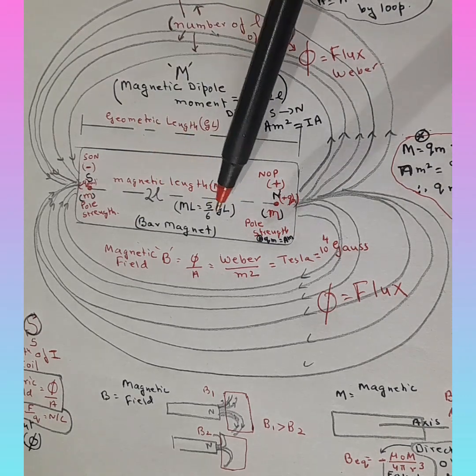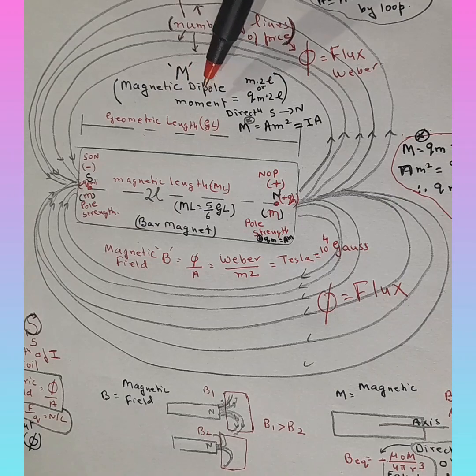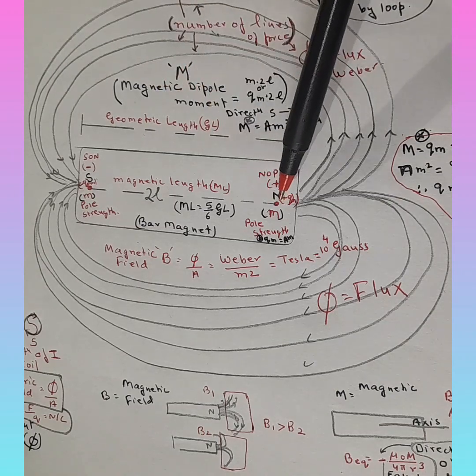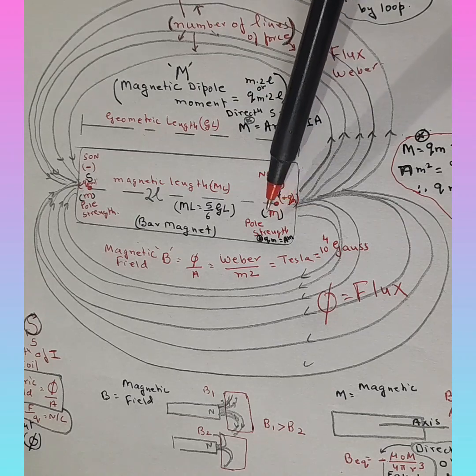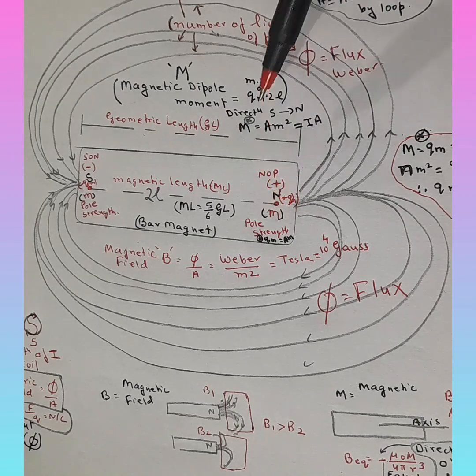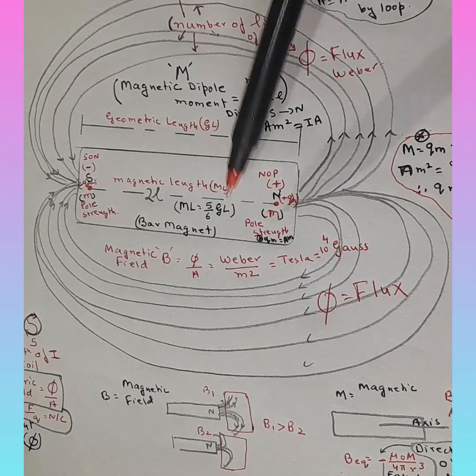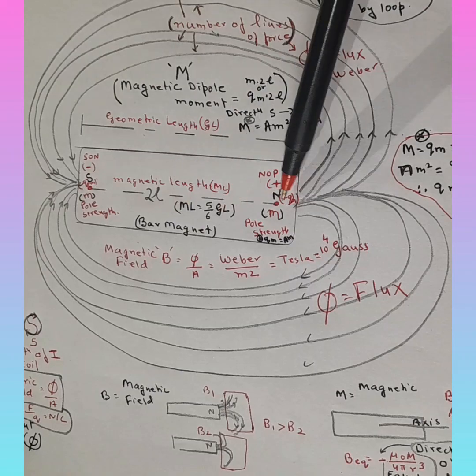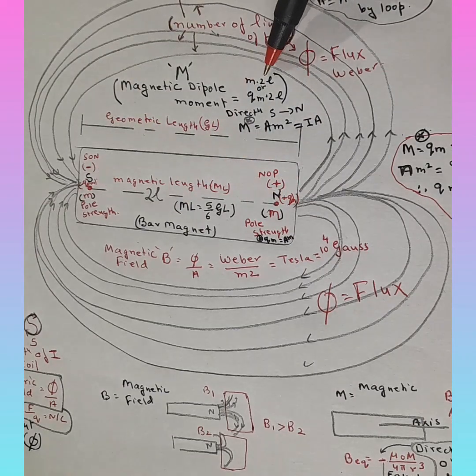Alright, now coming back to magnetic dipole moment. Magnetic dipole moment is one of the pole strengths, which we can take as small m or Q subscript m, into the distance between the two, that is 2L. So it is m into 2L, or could also be Qm into 2L.